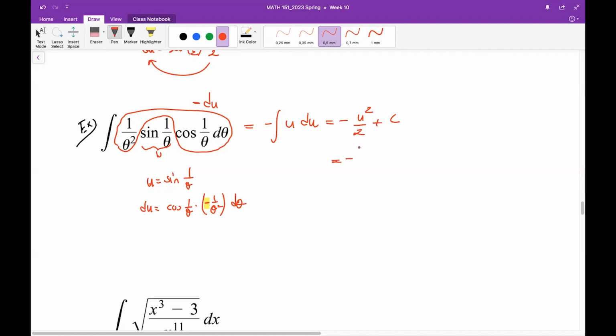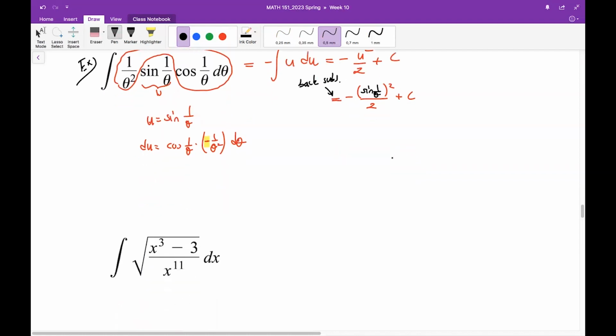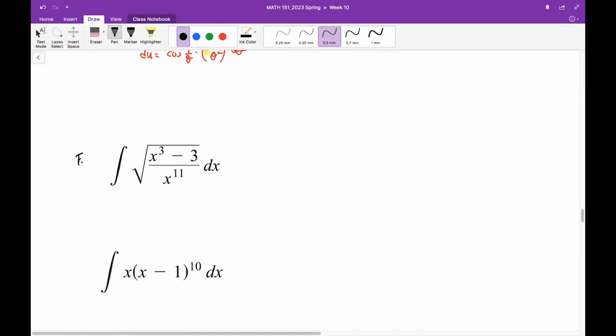Now, time to back substitute. Our original question was given in terms of theta. That's why we need to turn back to the theta variable. u was sine of 1 over theta, okay? This is the final result. Any questions? If not, let's deal with the next.